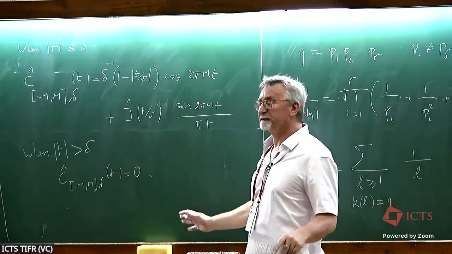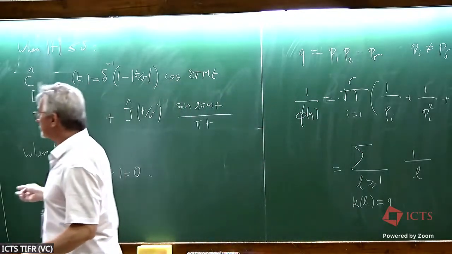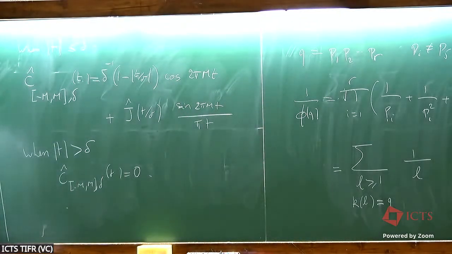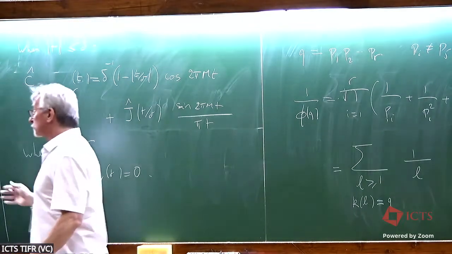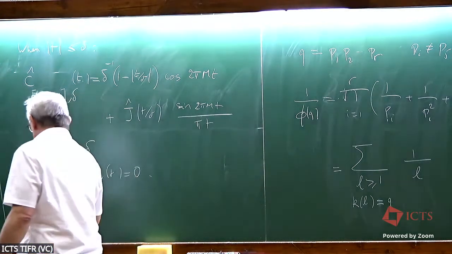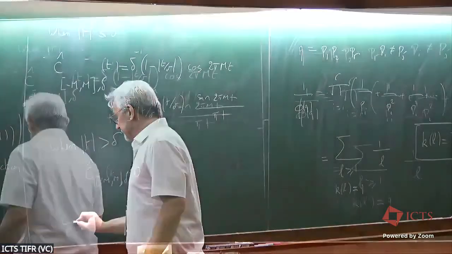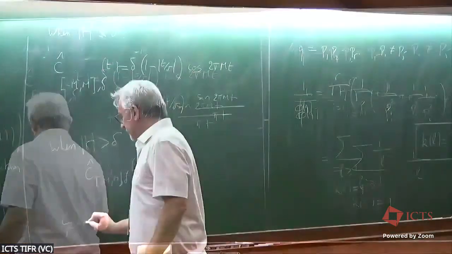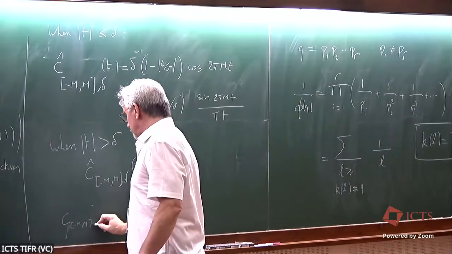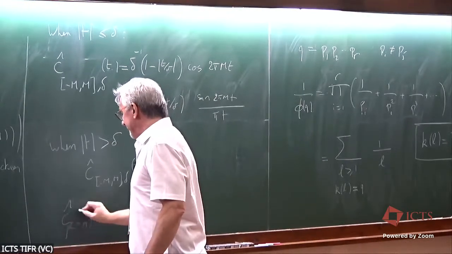The only price we have to pay is that we have to replace the characteristic function, which was the precise stuff that we wanted to study, with an upper bound. Okay? But this upper bound is not too large, because we have C hat of this one.